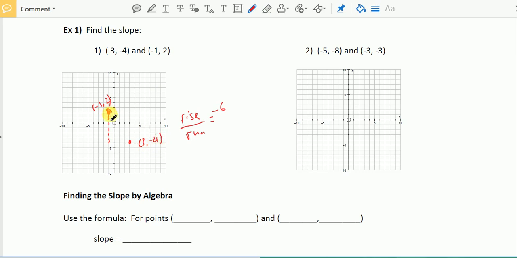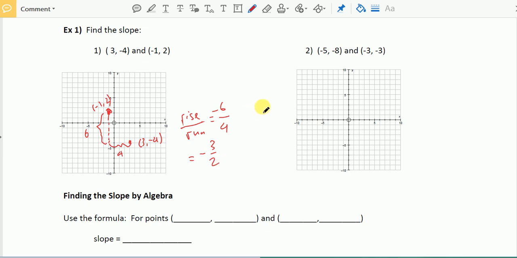So you go down from 2 to -4. You are going down 6 units or -6, and then you go from here to here another 4 more units. So -6 over 4 or -3 over 2.